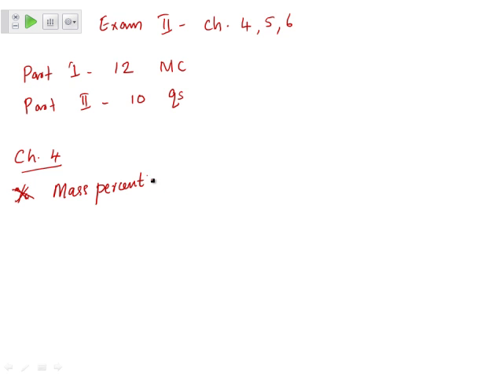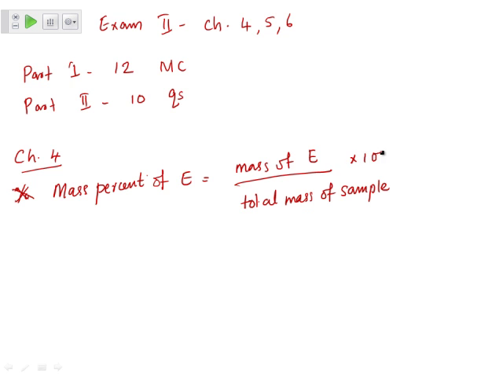The mass percent of E, for any element, is the mass of E divided by the total mass of the sample, multiplied by 100. And that is a percentage.